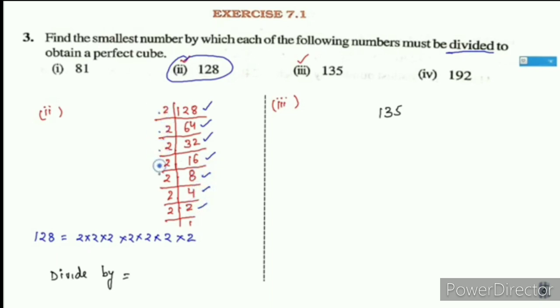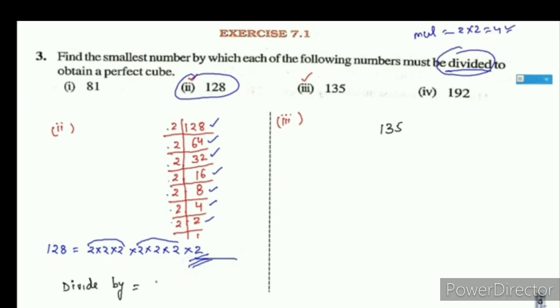First set of 2 are in triplets, right? 2 triplets we are having here, the first set of triplet, the second set of triplet. The next factor is single, so the 2 is an extra factor, so we should divide by 2 only.